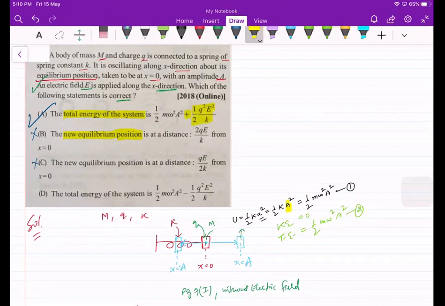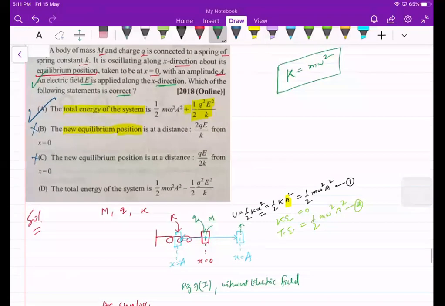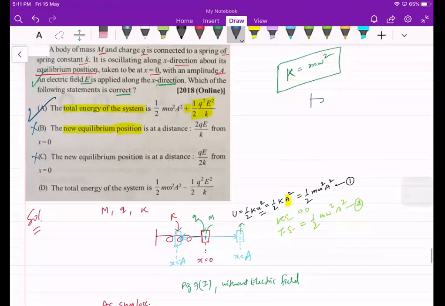Another point I am adding in this question: I have used somewhere K equals m omega square. So just as an addition, if you have a problem understanding how it comes, it is for a simple spring case.